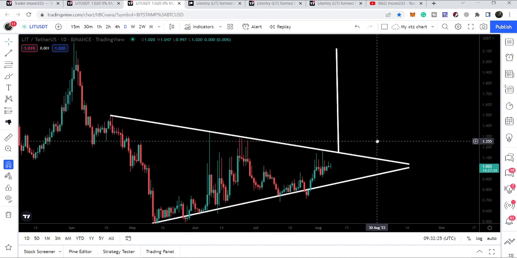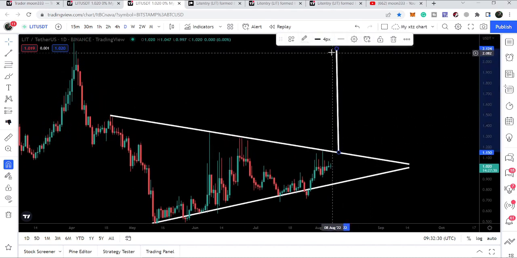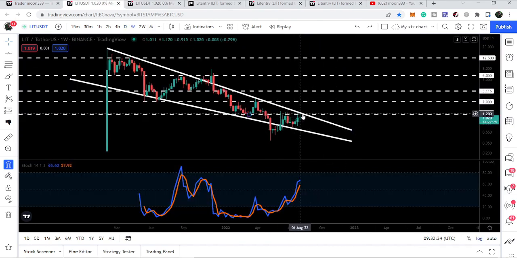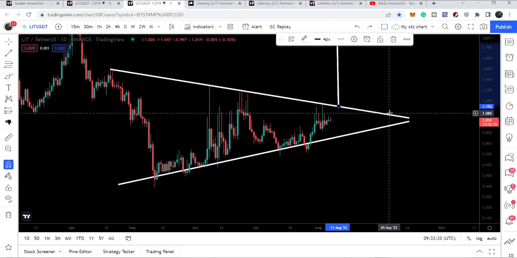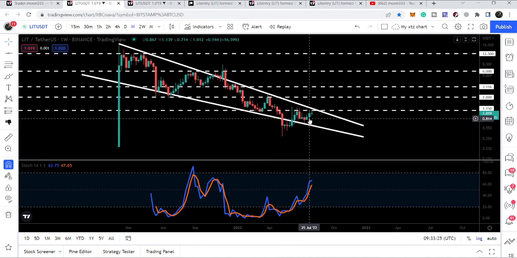For example, if it breaks out from here, that will be approximately $2.12, and in that situation it can easily break out this resistance of the triangle and this key resistance of $1.15 as well. So the next few hours or days can be really very important for Litentry, and if we have this breakout from this triangle, then we can expect a big move that will begin after this breakout.